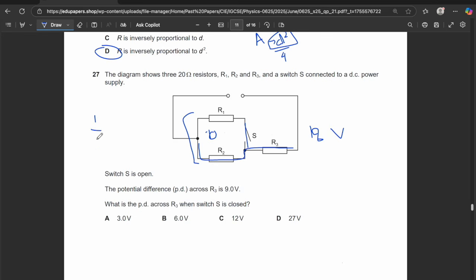You can calculate that by using this equation, but in general the shortcut is that if you have identical resistances connected in parallel, you just divide the original resistance by 2, which is 10 in this case, and this will remain 20. So if we want across R3, we have 30 as a whole and 18 whole, so you get 12, which is C.